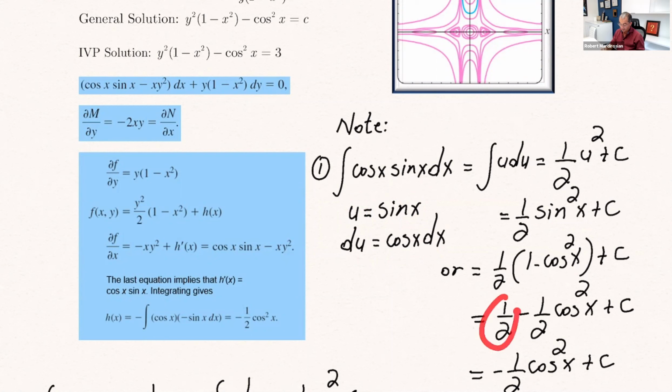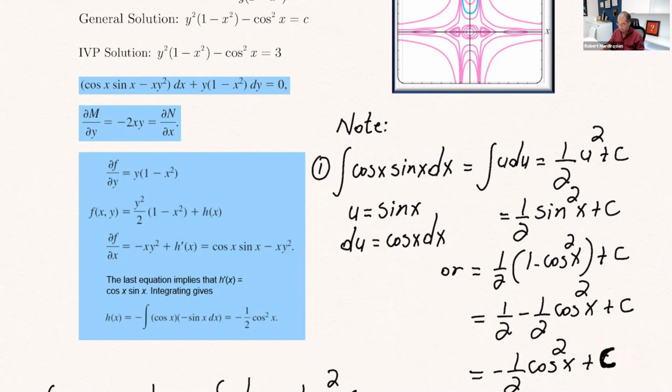But notice 1/2 is a constant, so you can just take these two and make it one constant. So I can say this is probably the capital C. So this constant here is the sum of that plus that, which is still a constant.